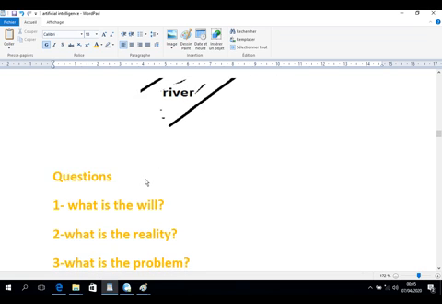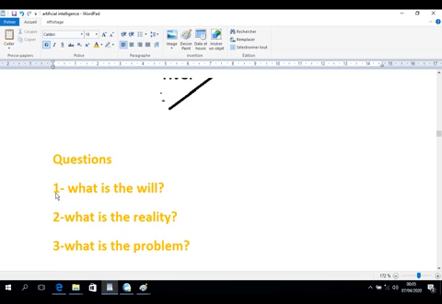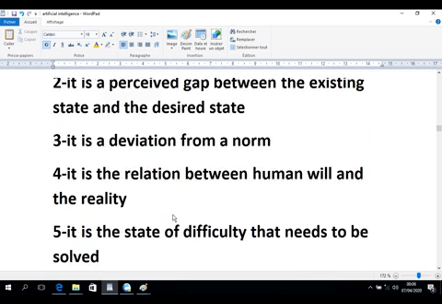So this is a pictorial representation of the problem. Now, questions. Question 1. What is the will? Means what is the goal?